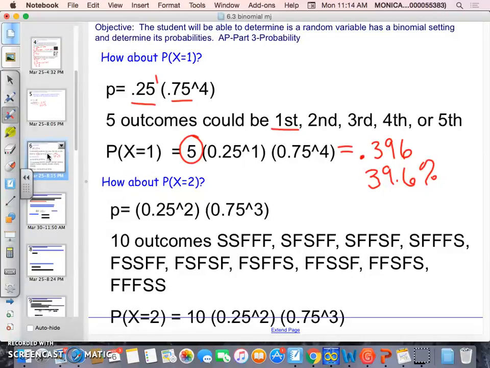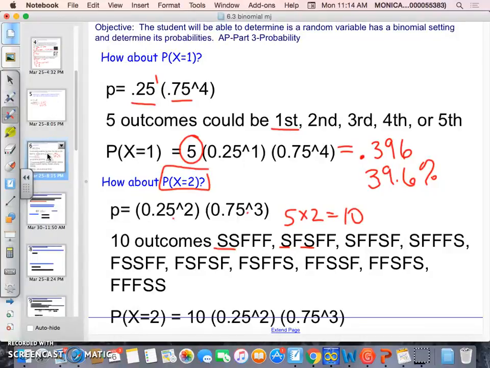Right? Now, if you wanted the probability of 2 children, again, to set up the probability, you know that you're going to have 2 successes and 3 failures, right? However, you need to know your number of outcomes. So if you list all your outcomes, you could have the first 2 children having type O, the first and the third, so on and so forth. So this is where your tree diagram would come into account. Or you know that you've got 5 kids times 2, which gives you 10.